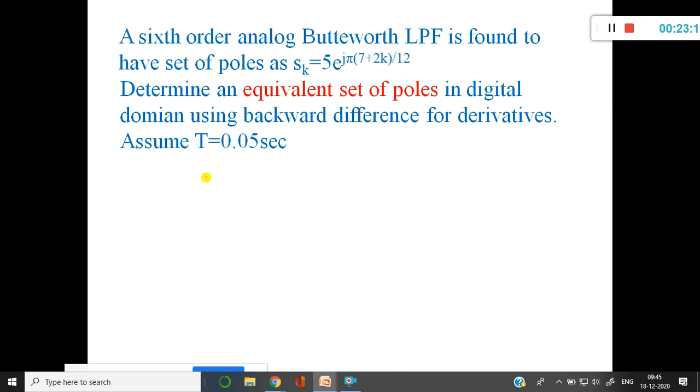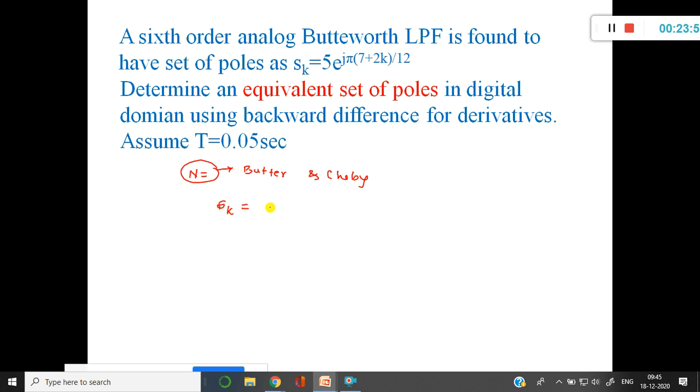If you remember my good old derivation on the Butterworth filter, there we derived the value of n, which means how to find the order of the filter using Butterworth approximation and Chebyshev approximation. But we haven't derived a separate derivation to find the poles.